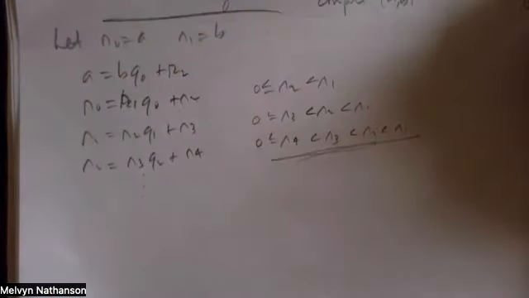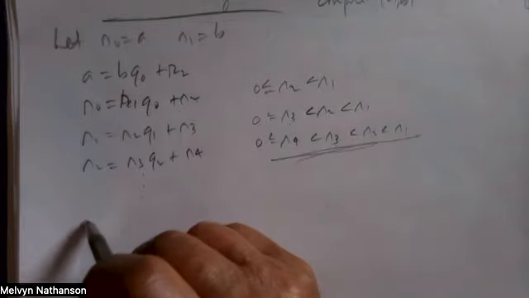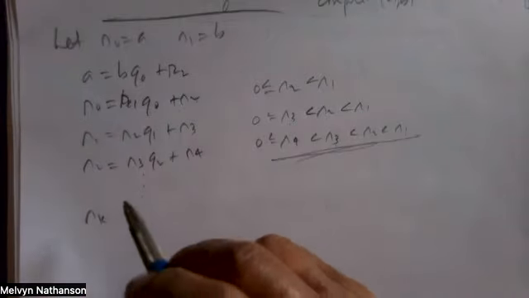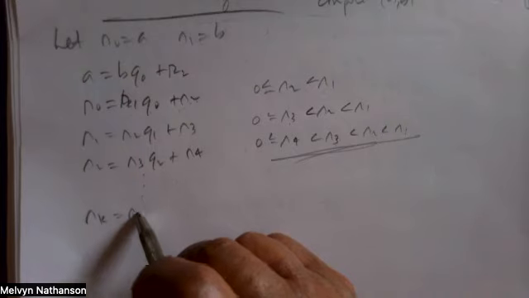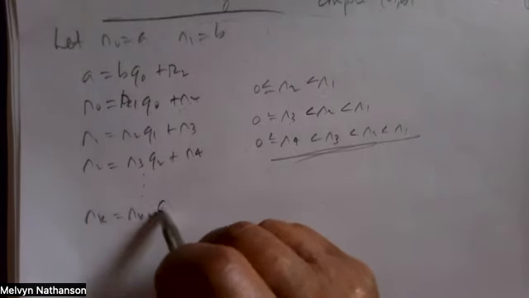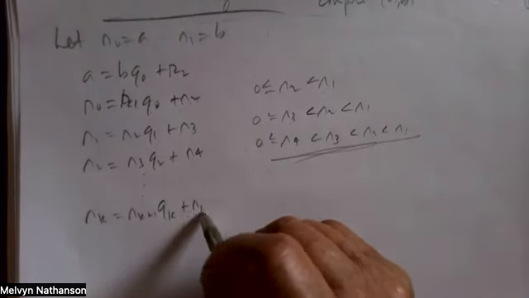So as we keep going, the kth time we do this, R sub k divided by R sub k plus 1 gives Q sub k plus R sub k plus 2. And these remainders are getting smaller and smaller.